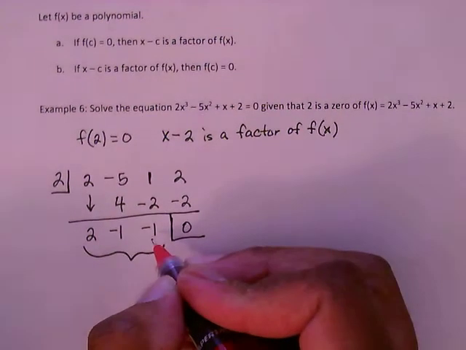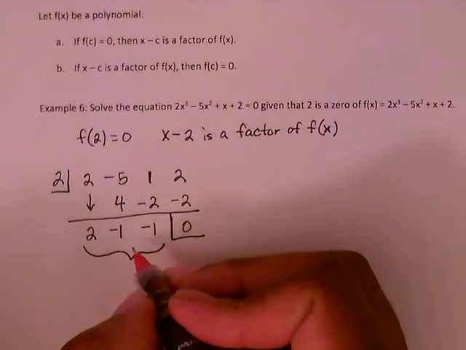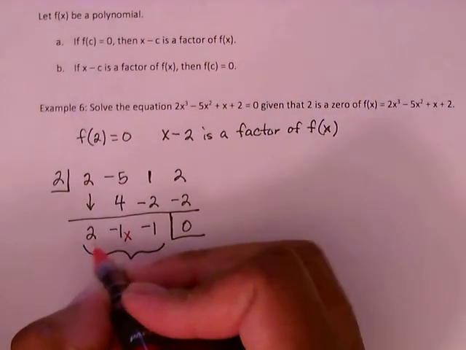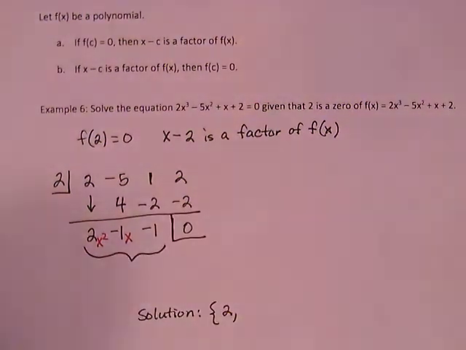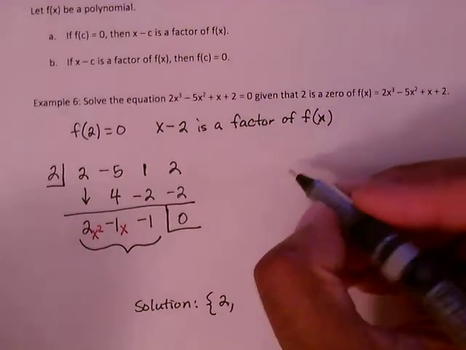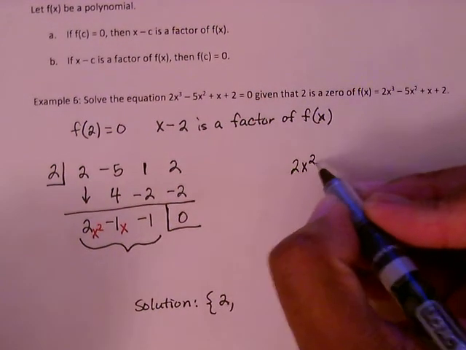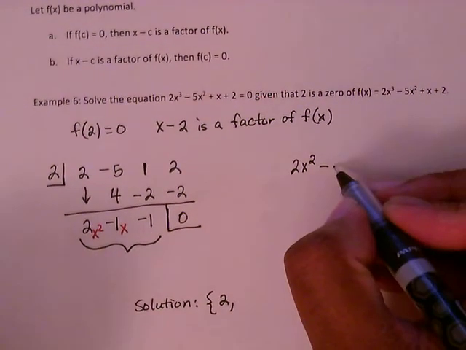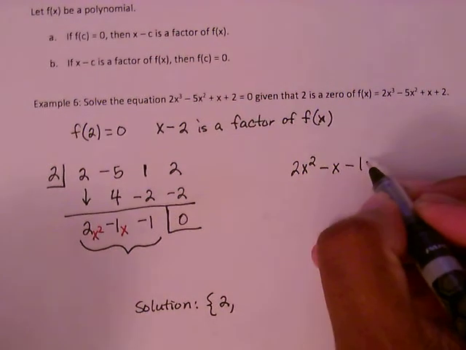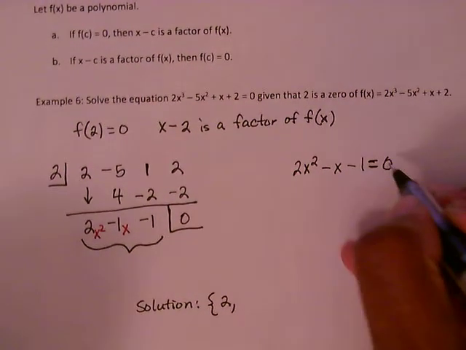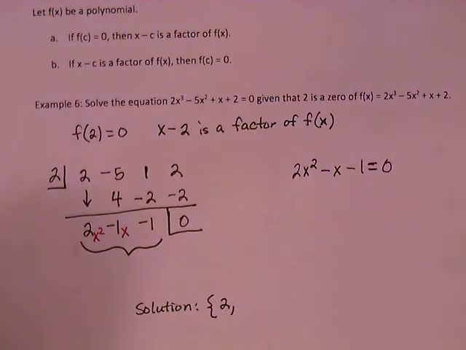Here the negative 1 is the constant term. The negative 1 in front of that is the coefficient of x. The 2 in front of that is the coefficient of x squared. So here I'm going to have 2x squared minus 1x, or just x, minus 1. And that's going to be set equal to 0.